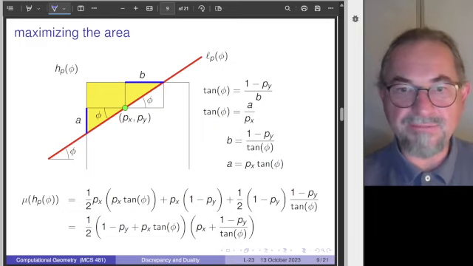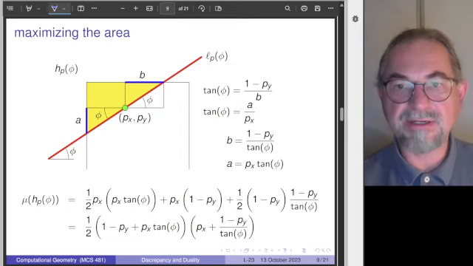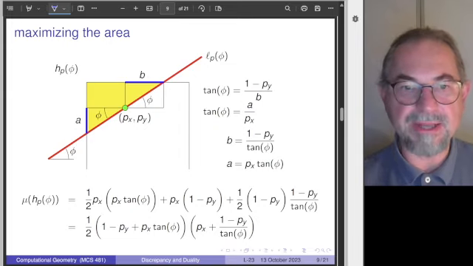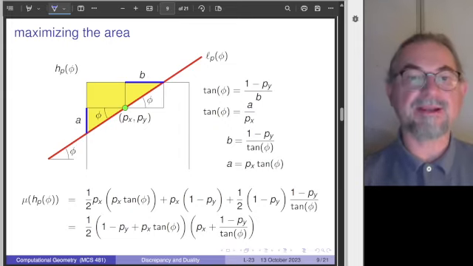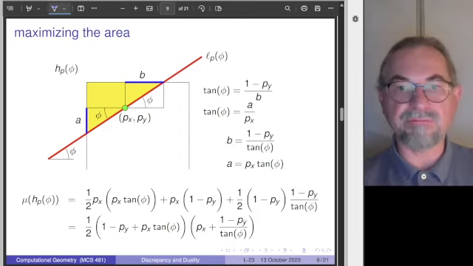So we have here, you see, A is Px times the tangent, so Px times the tangent times half of Px. Why half? Because otherwise we would have a rectangle. So this is the area of this triangle.